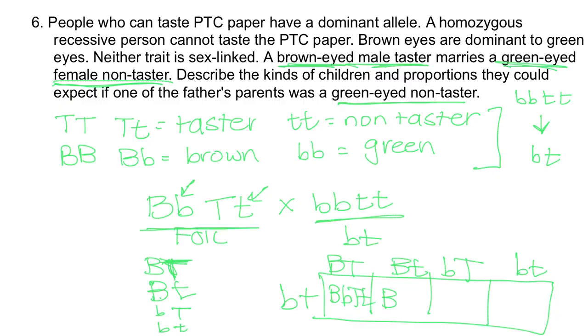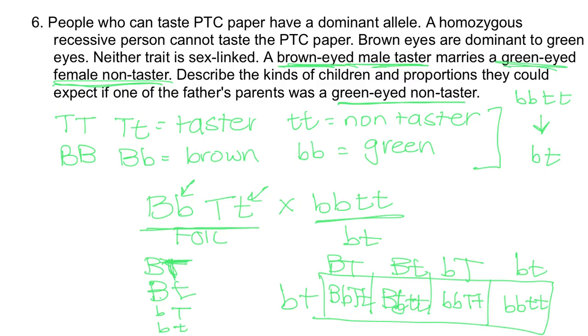We get heterozygous for eye color, but recessive for taste. We get recessive for eye color, so green eyes, but is a taster, and then we get recessive for both traits. All right, so those are your outcomes.